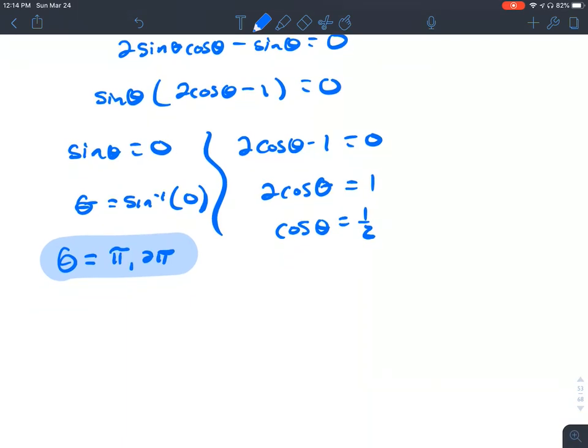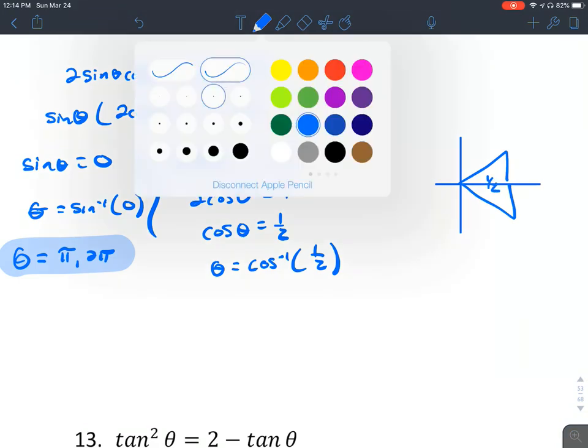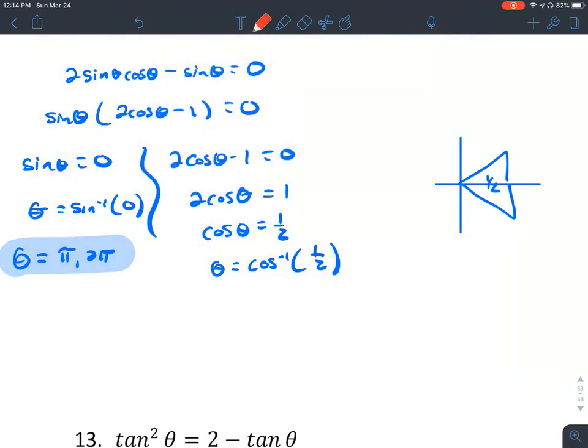Cosine of theta is 1/2. That means theta is cosine inverse of a half. Cosine is positive when x is positive. That's in quadrants 1 and 4. If that's a half, that makes the angle here pi over 3.